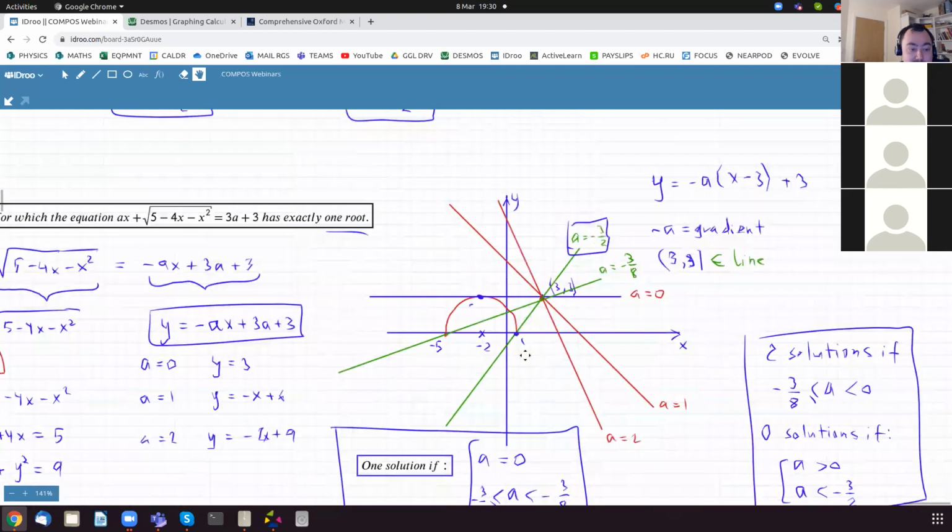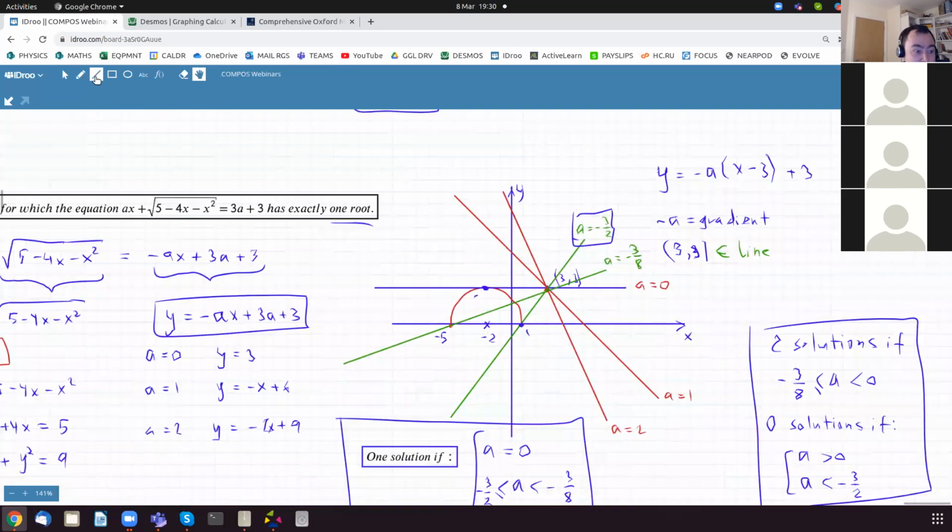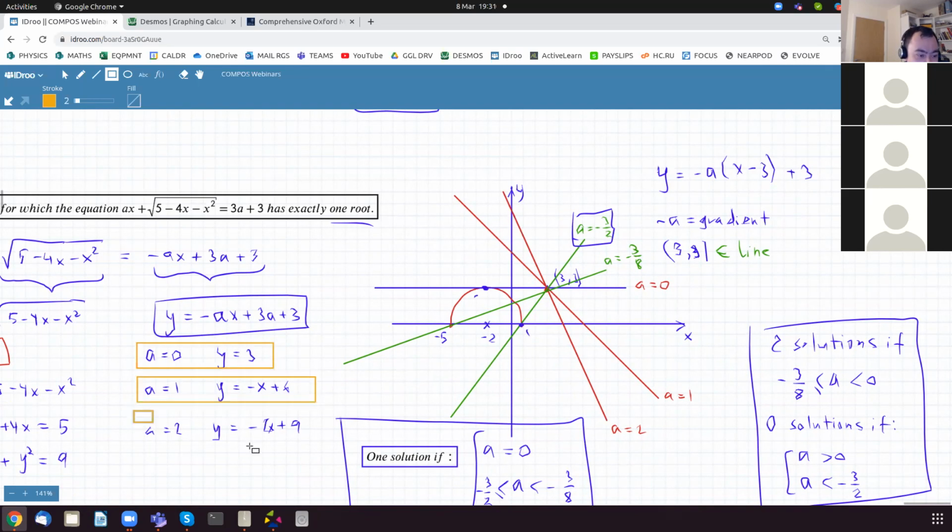Oh, I just started drawing lines for different values of a, and I saw a pattern. I took a equals 0 and I drew the line. I took a equals 1, I drew the line. I took a equals 2, I drew the line, and I saw that they all go through 3, 3.